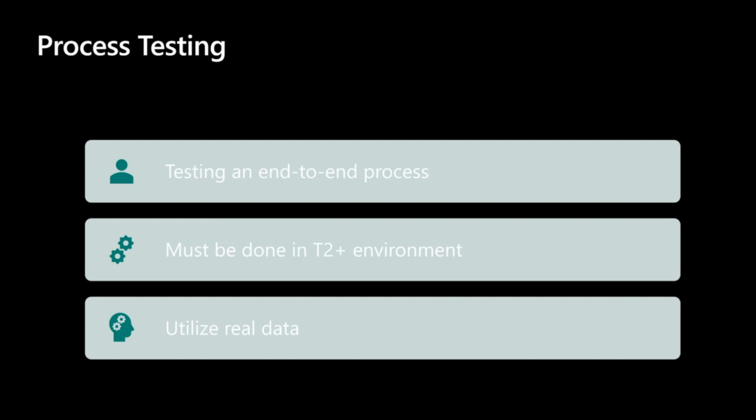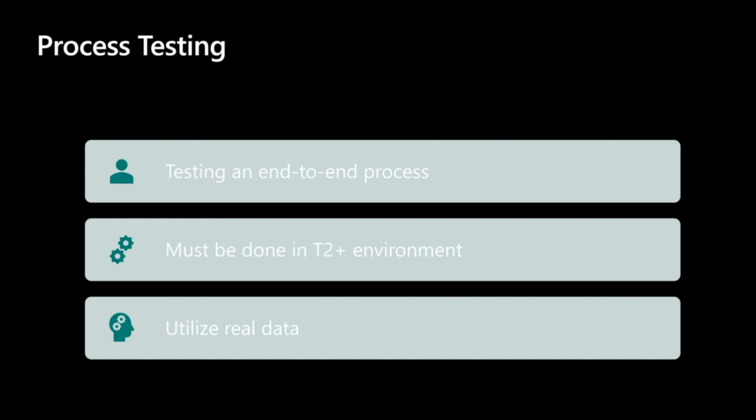order into the system. We always recommend from a Microsoft perspective that this is done on a Tier 2 plus environment. There are additional details on these testing approaches in additional tech talks, but just be aware that Tier 2 plus environments are those where we have our application components separate from the SQL Server components. So this would basically be any of those Microsoft managed sandbox environments that are available as part of your subscription.